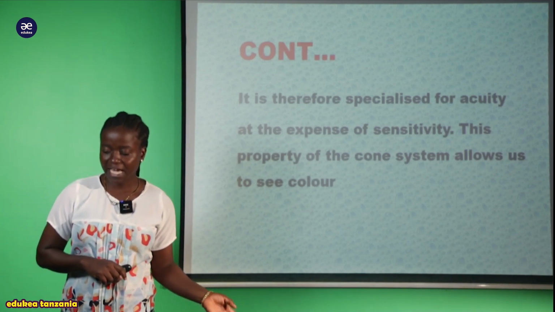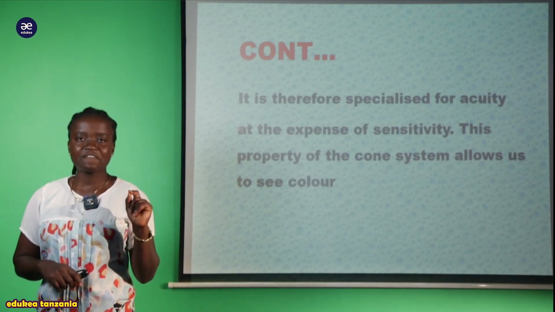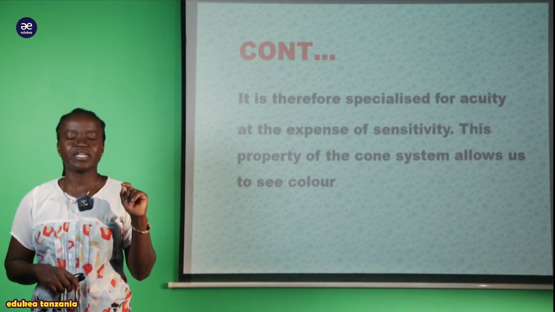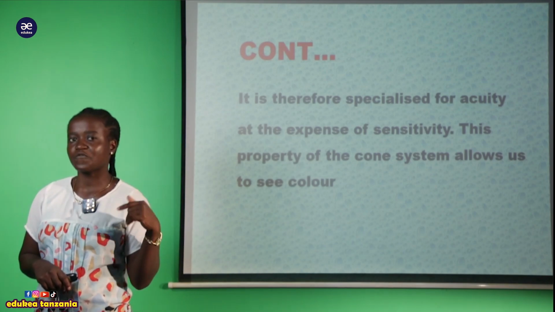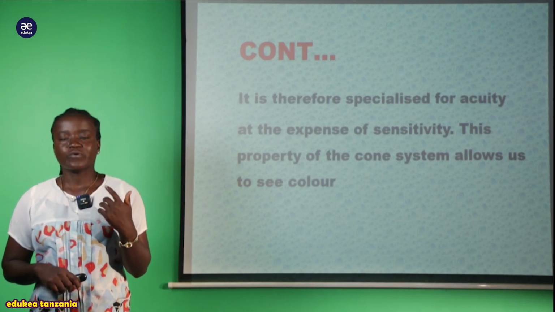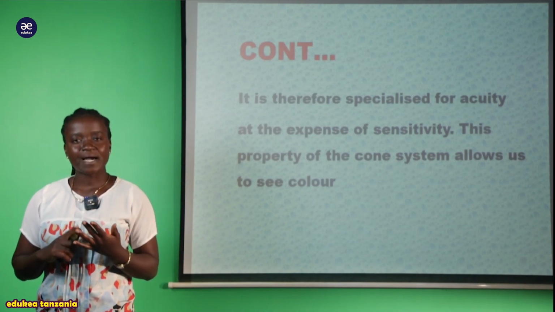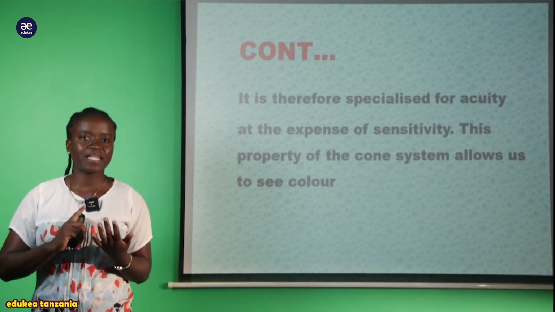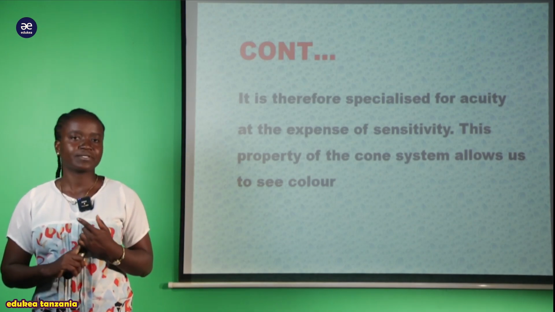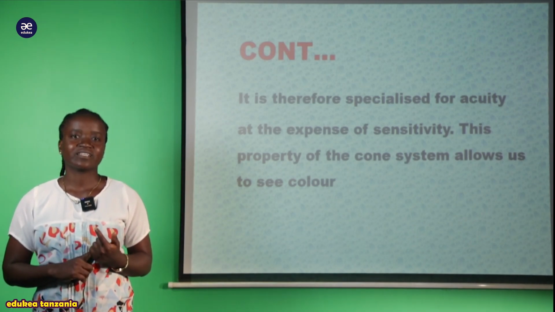So my student, thereby you have to know that in explaining the mechanism of photoreception, you have to explain both cones and the rods, whereby within the rods you have to explain the bleaching process, how it occurs, and the reformation of the rhodopsin again.